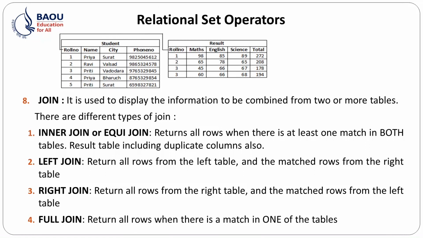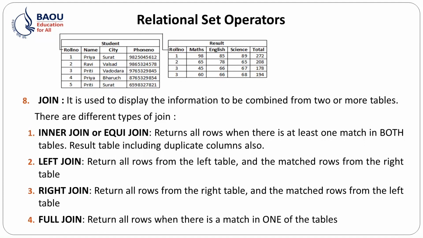Now the left join. Left join means return all the rows from the left table and the matching rows from the right table. Here the first table contains records 1, 2, 3, 4 and 5, so the left join displays all the records of the student table.